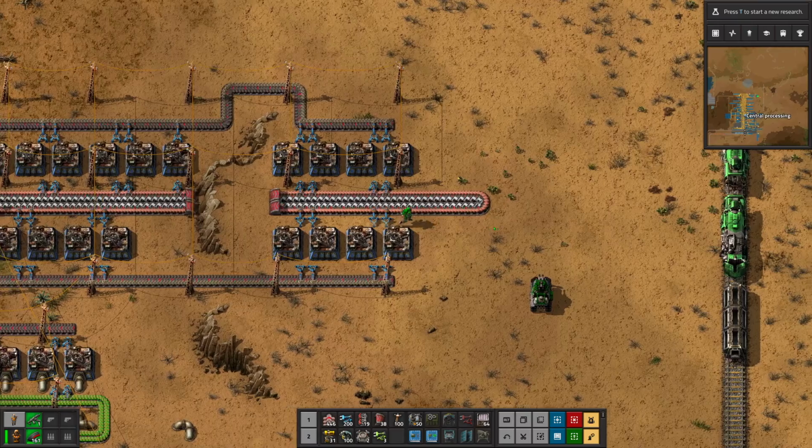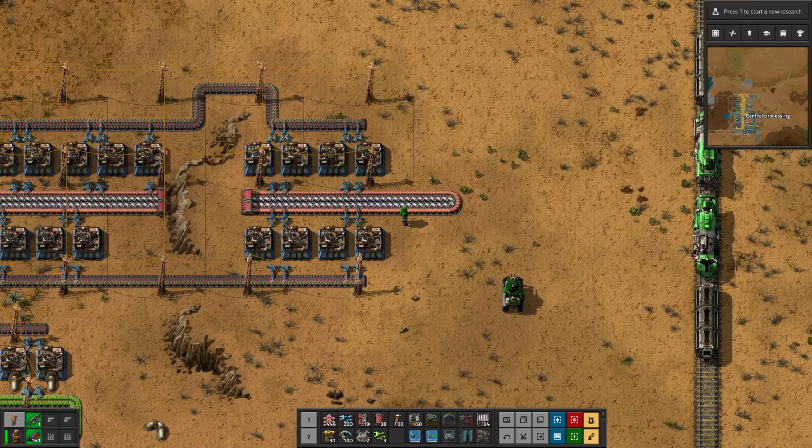And to expand, one must merely branch in any direction, and due to the convenient cycloidal nature of this distribution method, there is no need for splitters.